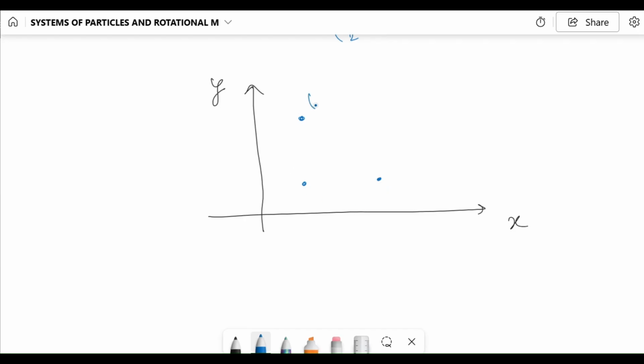Its coordinate is 1 by 2 for x and 3 by 2 for y, and here 3 by 2 and 1 by 2, and here 1 by 2, 1 by 2, and each has mass 1 kg.